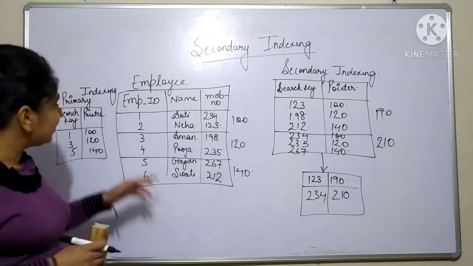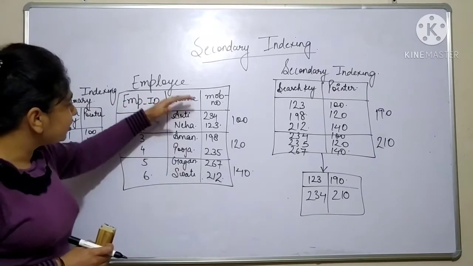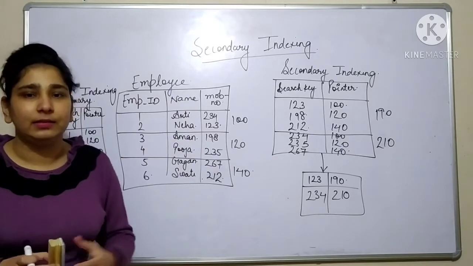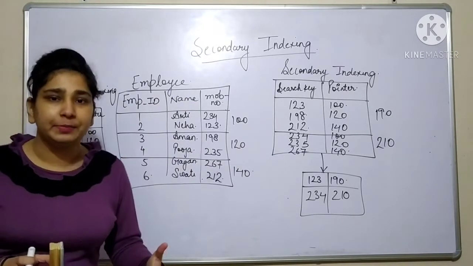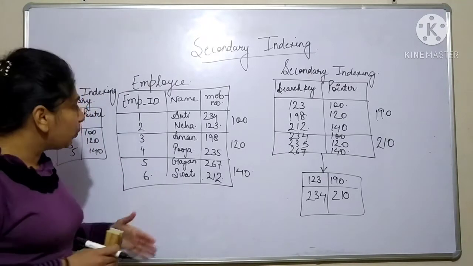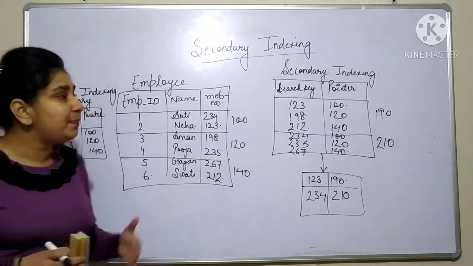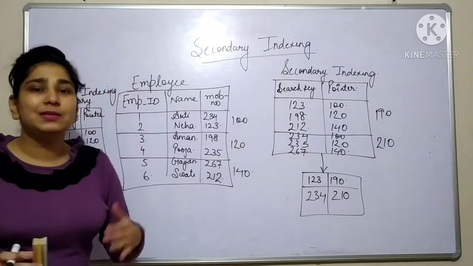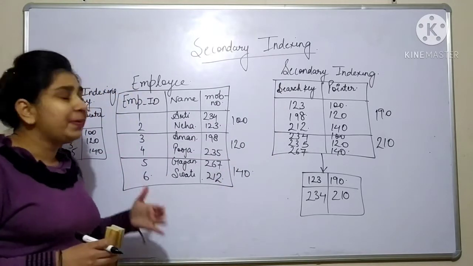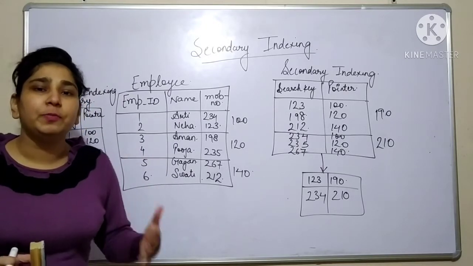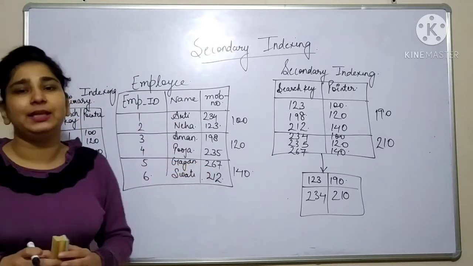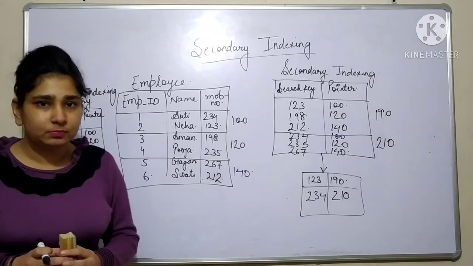With the help of the search key, we will be searching the employee detail and we want to reduce the search time. So we will also be applying indexing on your search key, on the basis of which attribute your user is going to perform search operation in this relation.